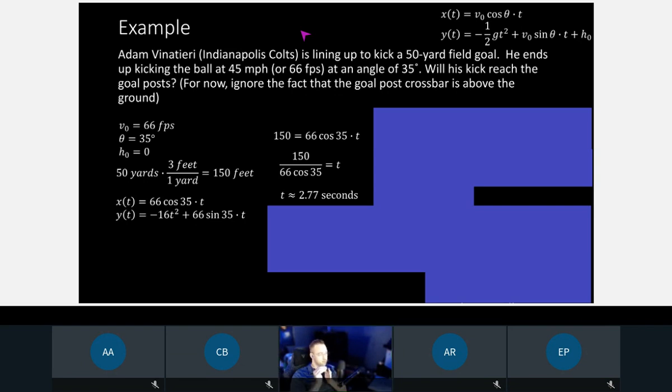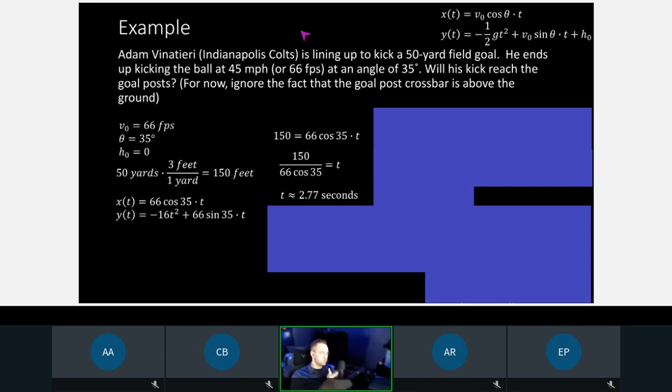But the thing about this is it's a quadratic. It's a parabola. It makes a U, right? Is it possible that at 2.77 seconds it reaches 150 when it's underground? Well, it won't actually go underground, but mathematically, if we created that quadratic and graphed it, the path it takes would show that it's underground.